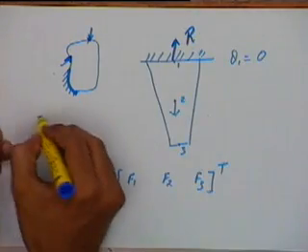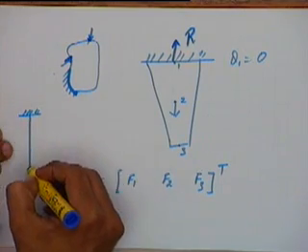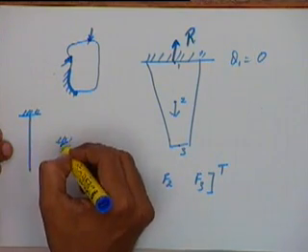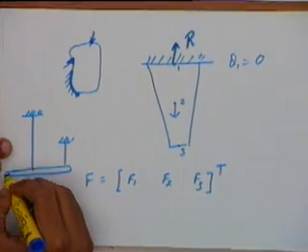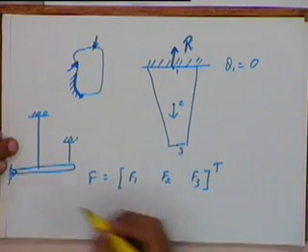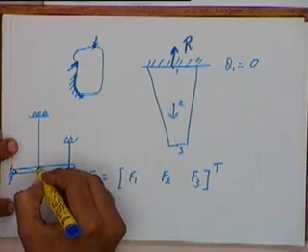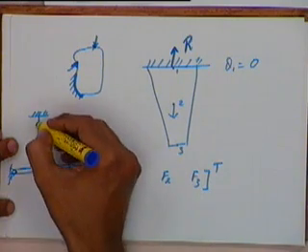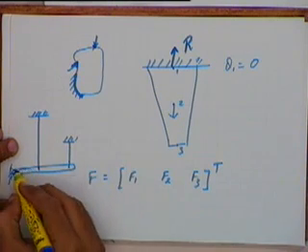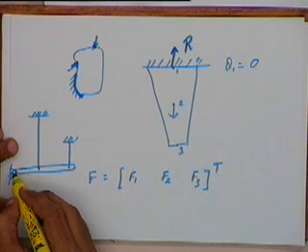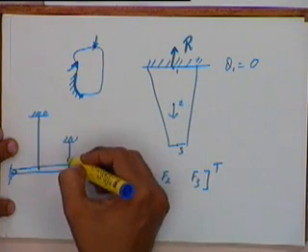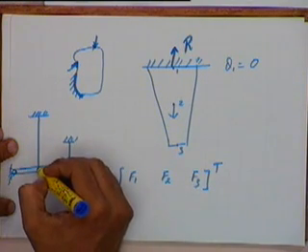The other one dimensional case that I had taken: if I consider this rope and this rope, and I am considering this rod to be infinitely stiff, there will be some reaction at this point.